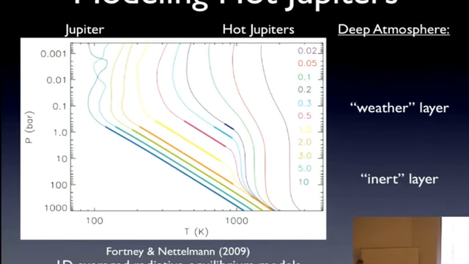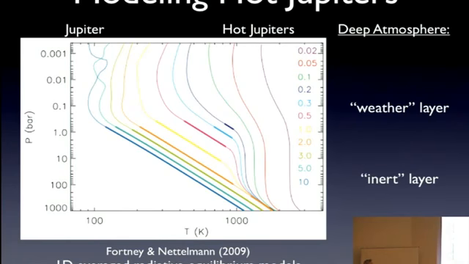Hot Jupiters. It's always good to go back to the basics first, and it's worth emphasizing that even a 1D average model of the structure of these planets, which might not be such a good model because the day side might be very different from the night side, is still very useful as a guide.